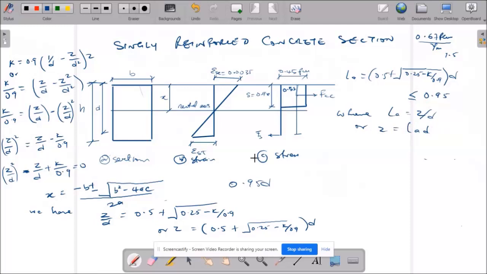Working with the steel force, we've considered concrete force all along. So working with the steel force, we know that the steel force, which is Fs, is equal to Fy over material strength of steel multiplied by As.